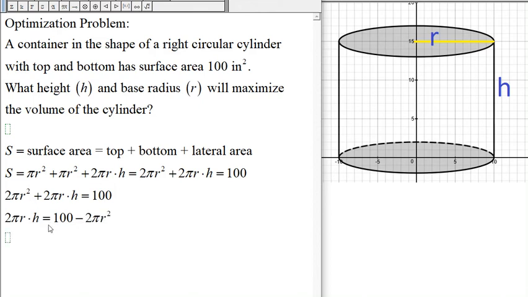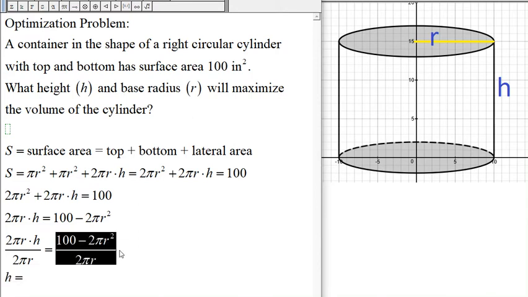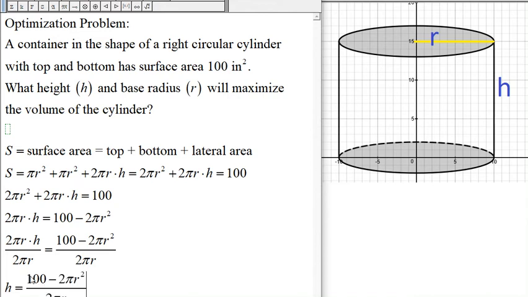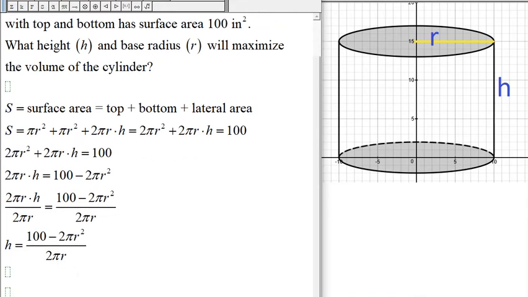Then divide both sides by 2 pi r. So the height is equal to 100 minus 2 pi r squared, divided by 2 pi r.